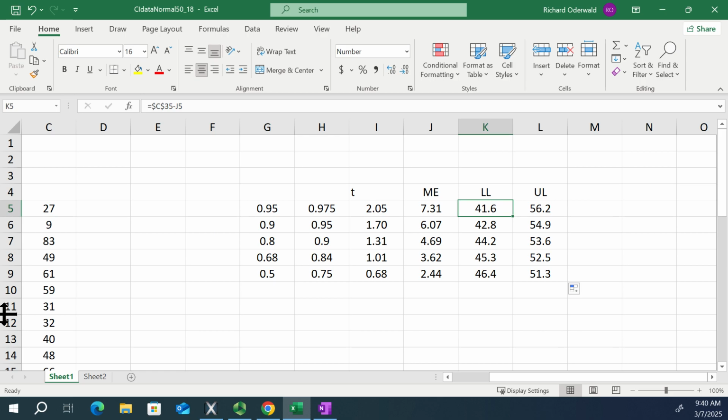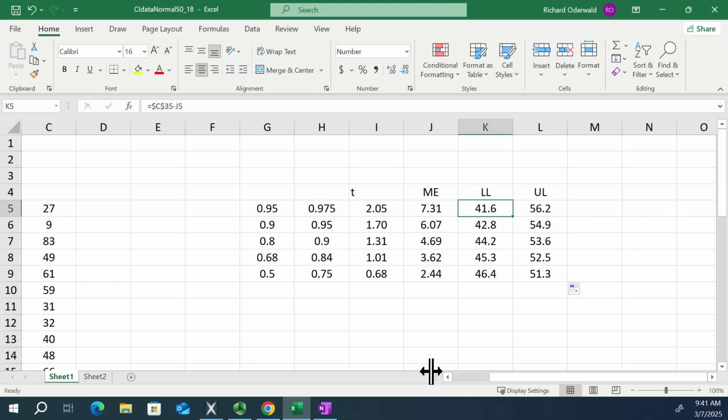Literally, 95 is twice the 68. And if you look at this compared to that, it's still twice. So if you have a 95%, cut it in half and you've got the 68%. And it's always that way. The 68 and the 95 always have the same relation in a normal distribution or a t-distribution.